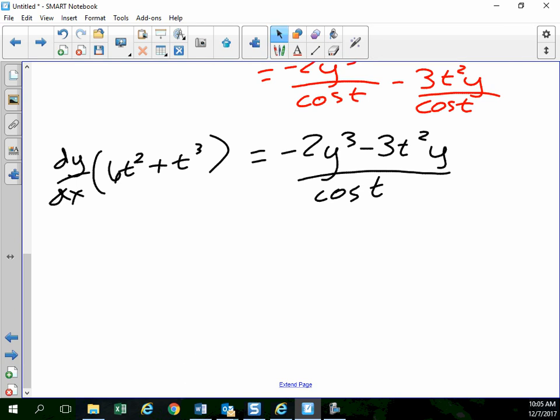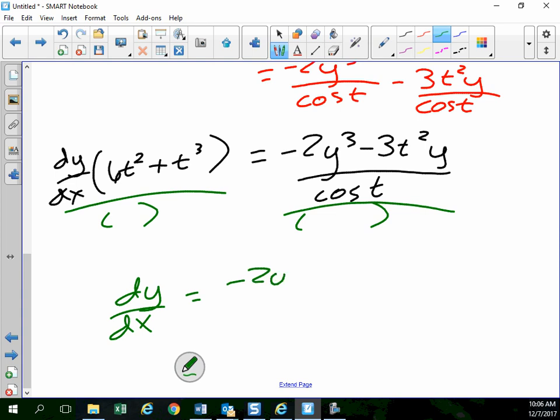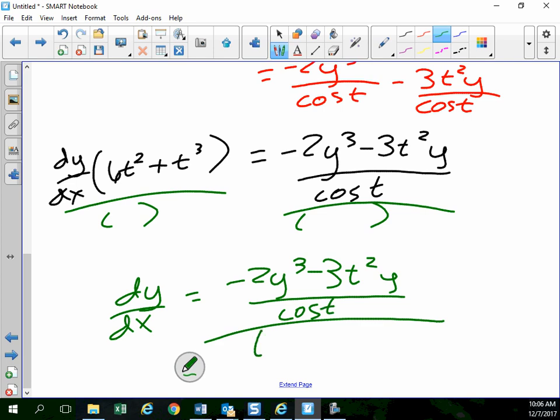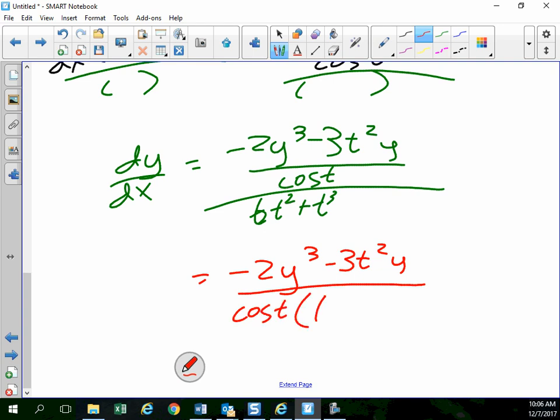Now I can divide. Negative 2y cubed minus 3t squared y over cosine t, over 6ty squared plus t cubed. Or better yet, because you can't leave it like that, negative 2y cubed minus 3t squared y over cosine t times 6ty squared plus t cubed.